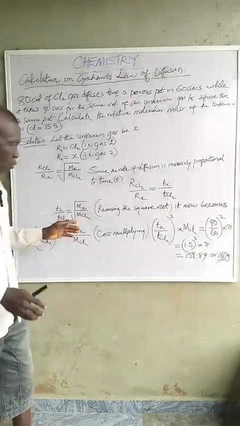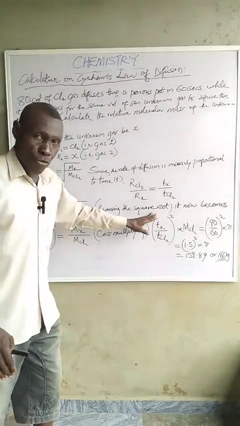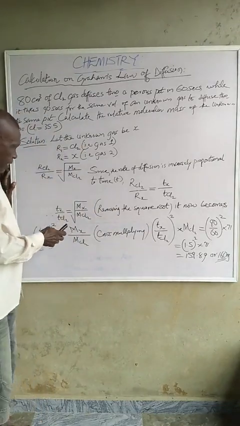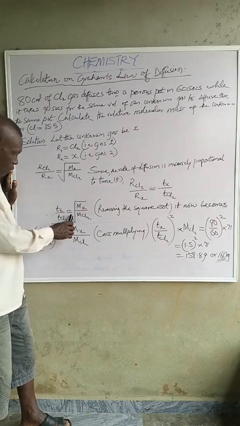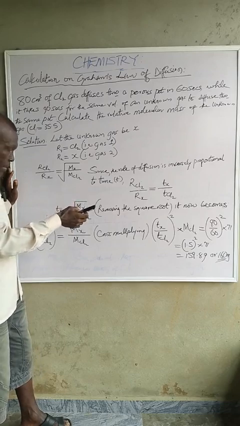So now we want to work mathematically. We want to remove the square root. It means that this side becomes now a square. Once you remove this square root, all of this side becomes a square. That's the meaning of it mathematically.